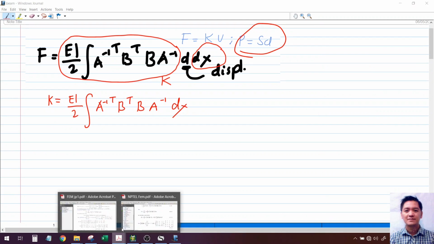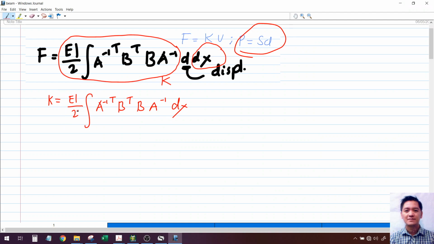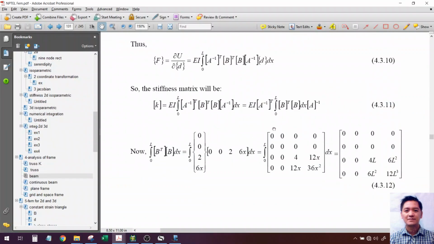Okay. So, continue natin, no? Alam na natin na ito yung K natin. And this is the D, or from F equals KU, or P equals SD man yan. Therefore, ito yung K natin. And we know earlier na mga matrices itong mga to. Okay, what are those again?